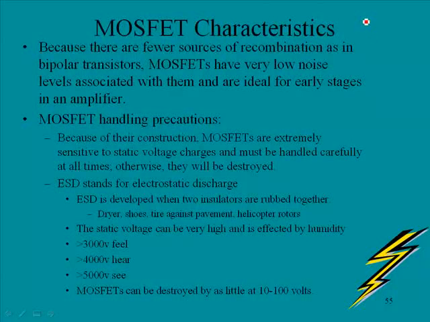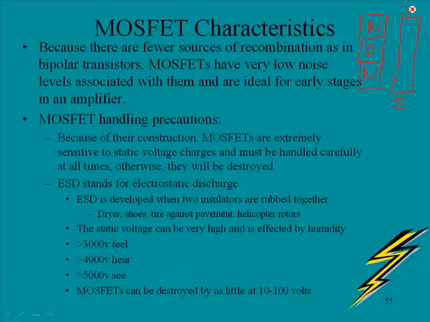Well, with bipolar, remember we had our material N, P, N, and we had the recombination as electrons pass through the P material and then to the N material. And though this seems rather insignificant, this is a source of noise when electrons pass through and they go through the process of recombination.